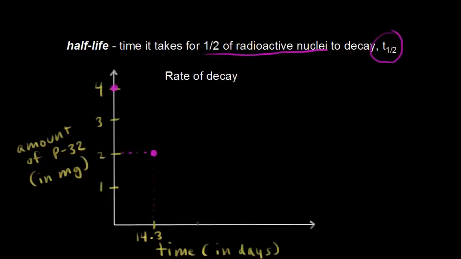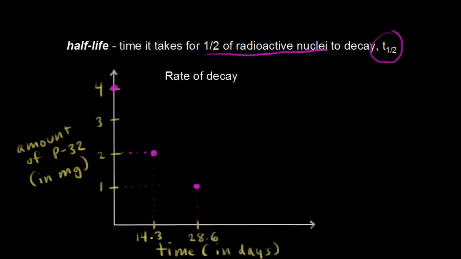So we wait another half-life. So after 2 half-lives, that should be 28.6 days. All right, so we know that after 28.6 days, that's another half-life. So what's half of 2? It's 1, of course. So that's our next point. So after 28.6 days, we should have 1 milligram of our sample.